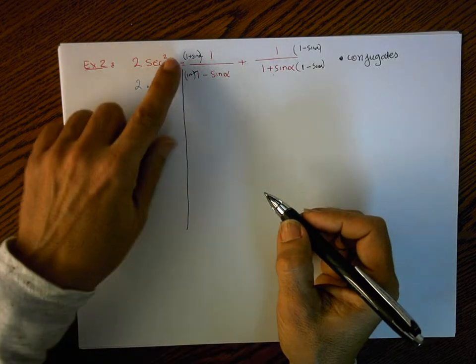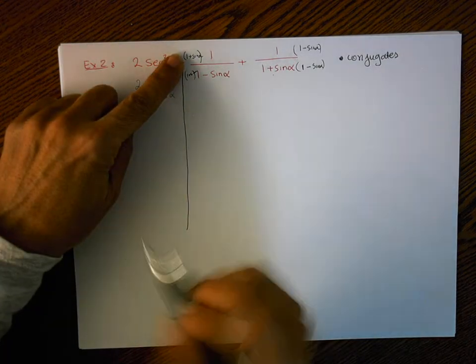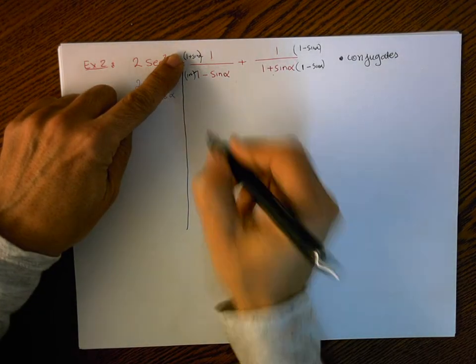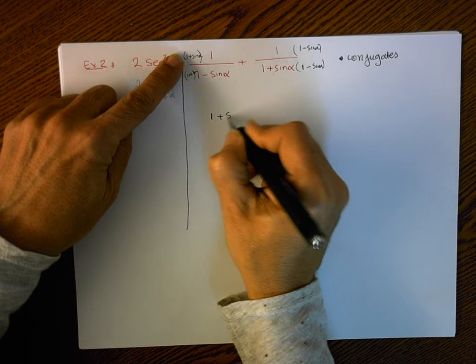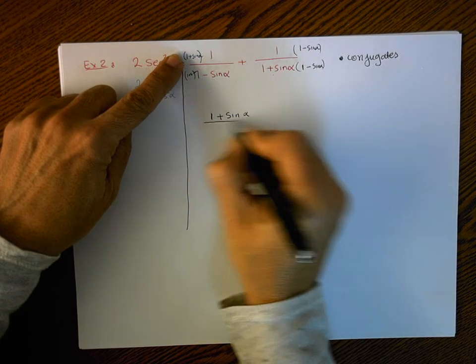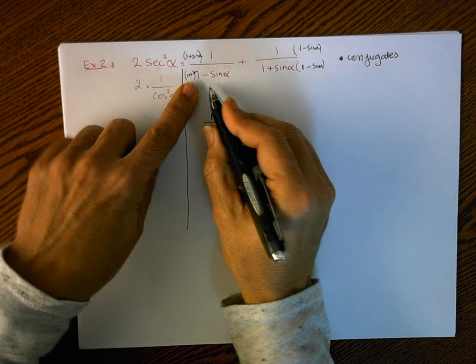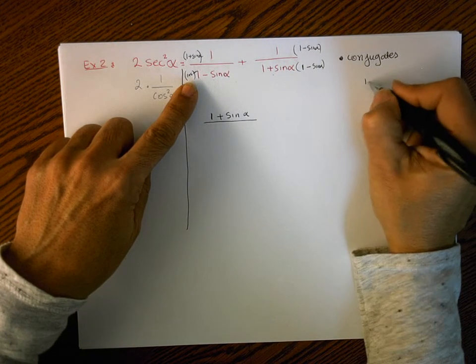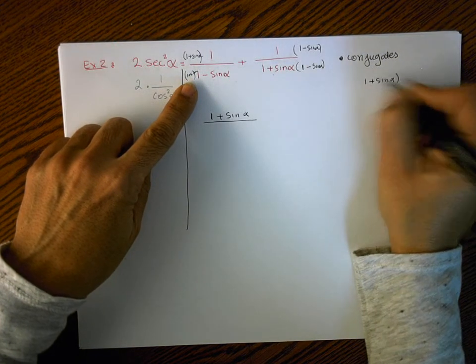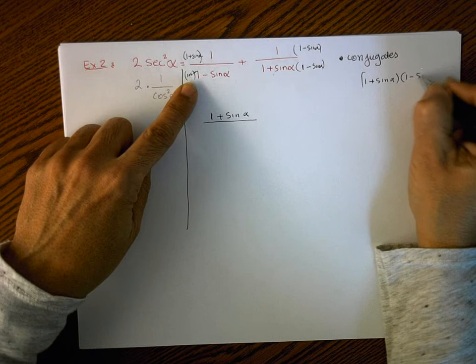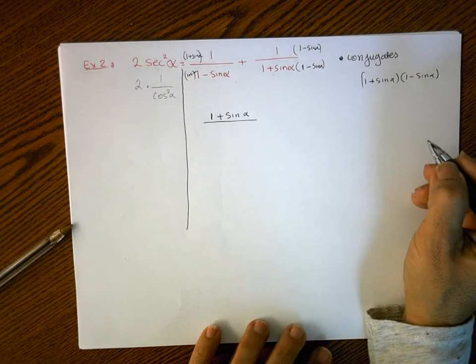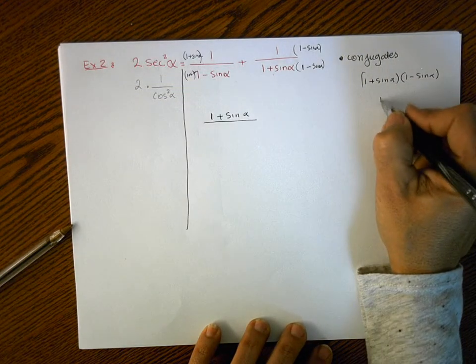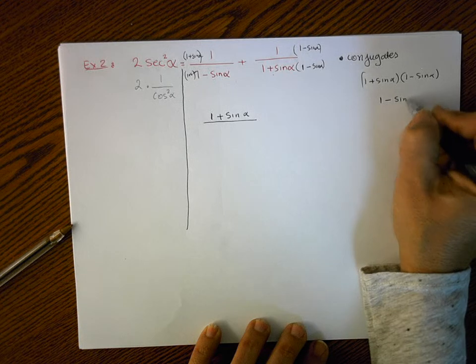Over here in the numerator, 1 times 1 plus sine of alpha will be 1 plus sine of alpha, all over the conjugates together. What happens when I multiply 1 plus the sine of alpha times 1 minus the sine of alpha? These are differences of squares. We get 1 minus the sine squared of alpha.